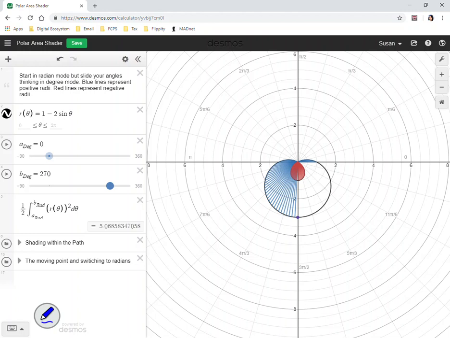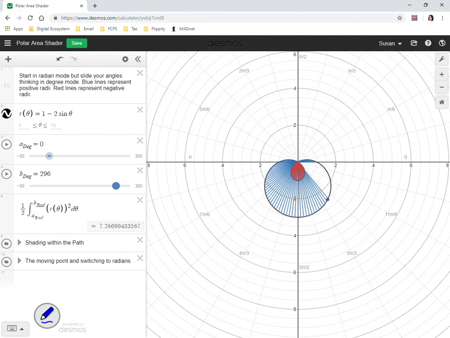Why take it out twice? As it's graphed, if I go 0 to pi, it's calculating all of that area, including the red. If I go to 2 pi, I have now made 2 layers. Why subtract it twice and not once? Because I've made 2 layers.